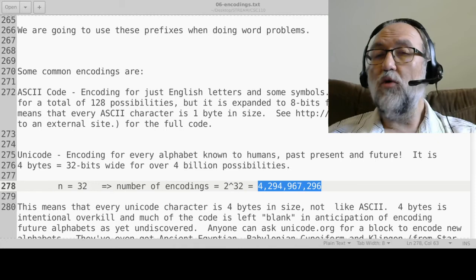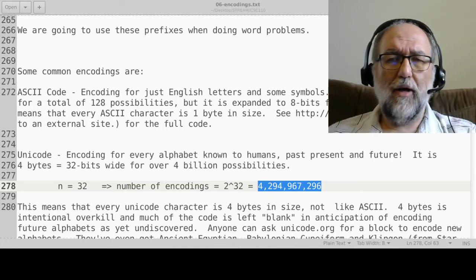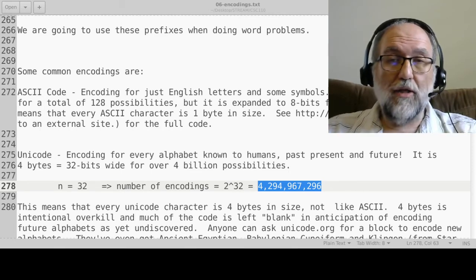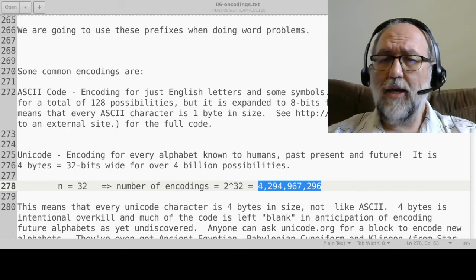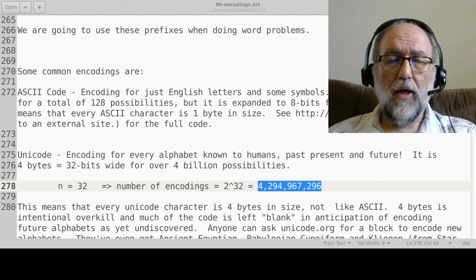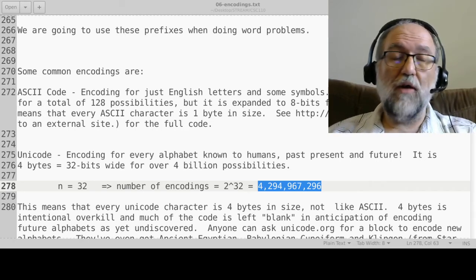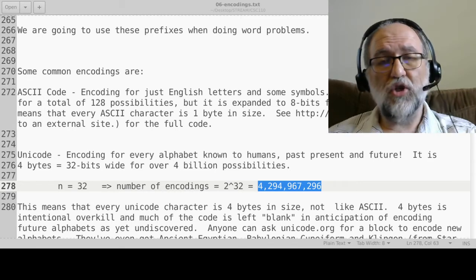And if you discover a new alphabet, how can you discover a new alphabet? Well, maybe you're an archaeologist and you're digging and you discover the alphabet of some ancient civilization. You can email the Unicode Consortium, a group of companies that do Unicode, and say, look, we've discovered this new alphabet. Can we get Unicode encodings for this? Can we enter these into the dictionary?